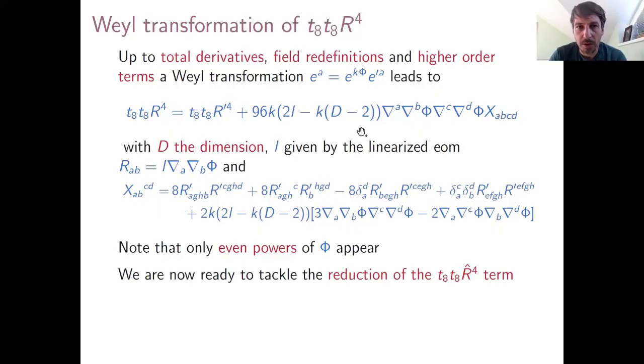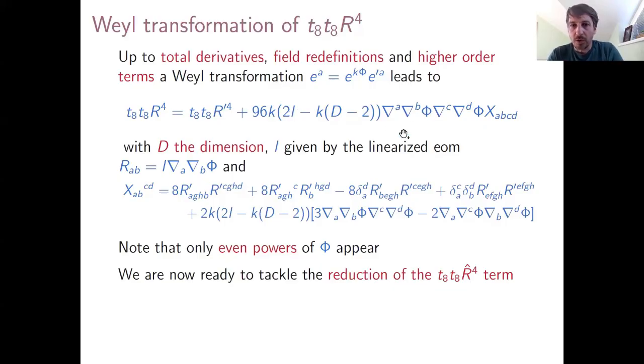So these are just the bosonic terms. But I'm doing this in general dimension. So k is the exponent that appears, D is the dimension, and L is given by the linearized equation of motion. So if the linearized equation of motion is R_AB equals L times the second derivative of the dilaton, that L is what appears in here.